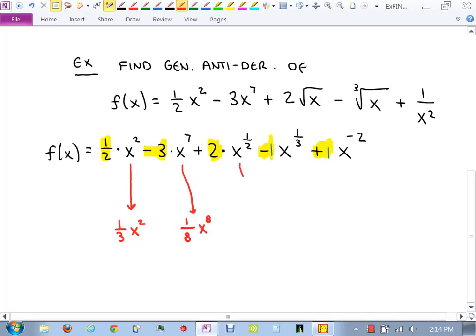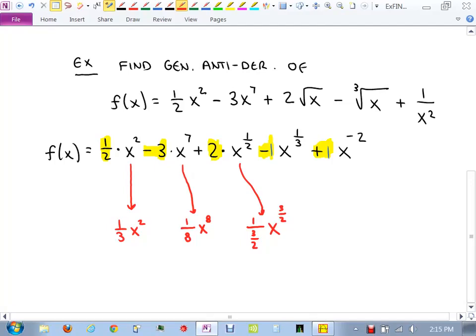All right, now be careful with this one. What's the antiderivative of x to the 1/2? What's 1/2 plus 1? 3/2, right? 1.5 or 3/2. So isn't this 1 over 3/2 x to the 3/2?